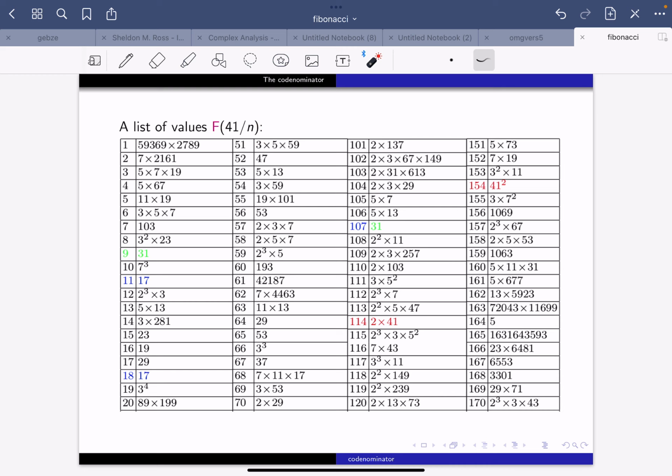In fact, we see that there are many numbers, and these are not all Fibonacci numbers. And it turns out that the function f of x can attain any positive integral value. So any positive integer is the Fibonacci number of some positive rational.